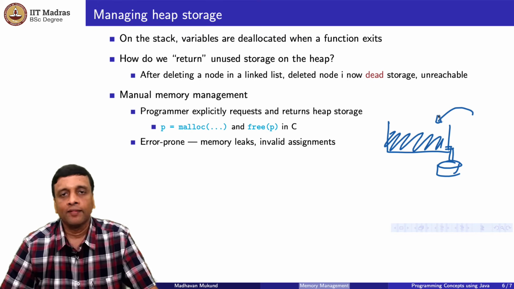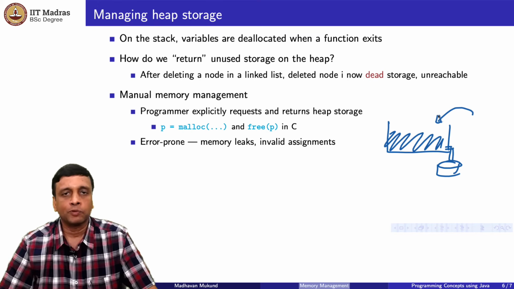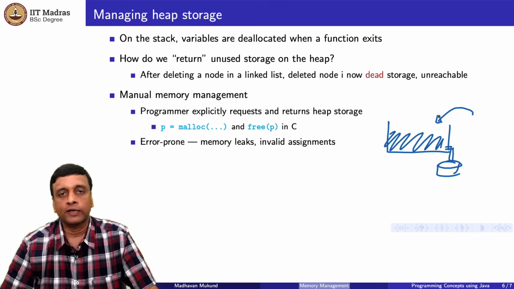This leads obviously to performance penalties because the system slows down. In the worst case, your system can actually grind to a halt. This does happen with large systems which are run for a long time. For example, browsers, even operating systems which are not written properly can start getting resource hungry as they run, and then sometimes you have to restart in order to restore the performance to its usual level.